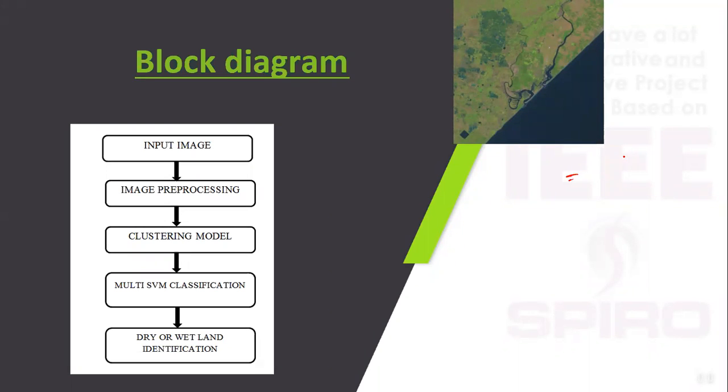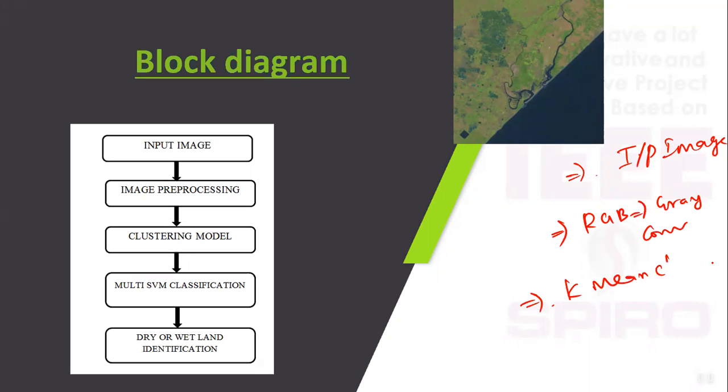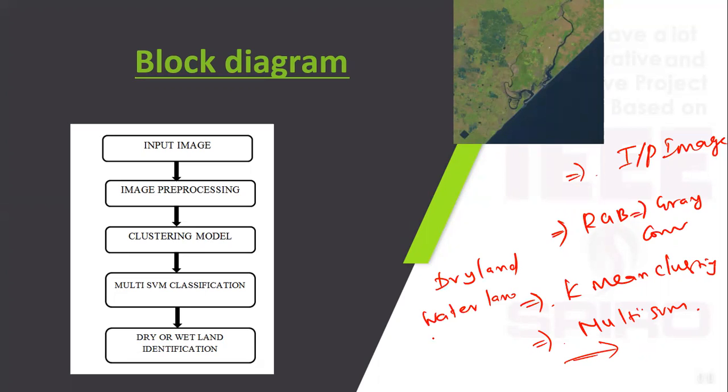So first take in the input image, and next convert the color image, RGB to gray conversion, and next cluster the model with the help of k-means clustering, and next move to the multi SVM. With the multi SVM, it will be detected as dry land, water land, and grassland.